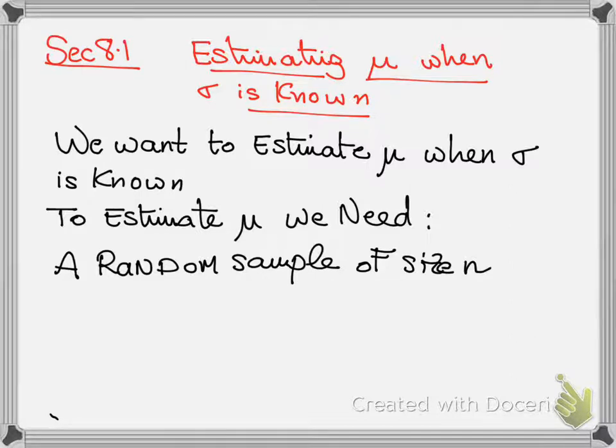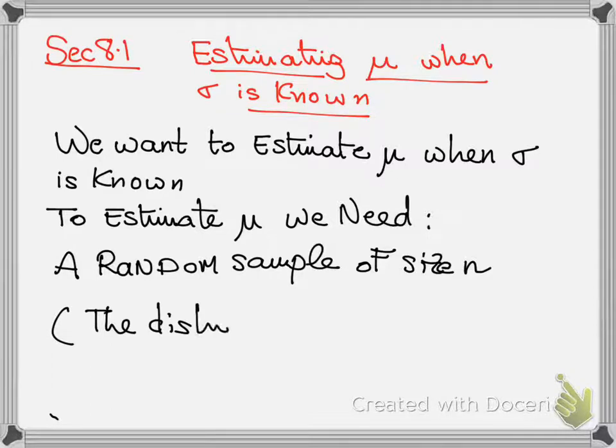But to estimate the population mean mu, we need a random sample of size n, okay? The distribution of the variable x is normal, or the size of the sample n is large enough.